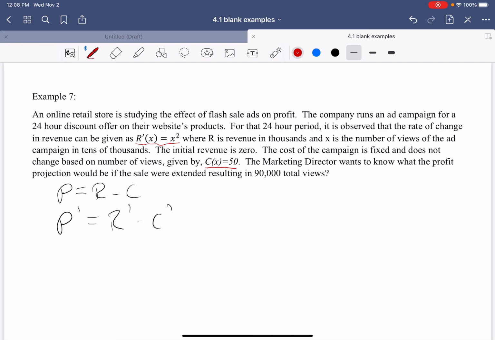So P equals R minus C. That's the same thing as saying P prime equals R prime minus C prime.